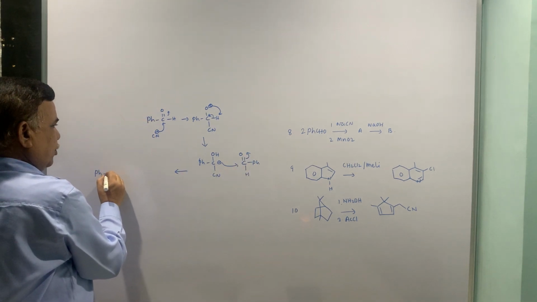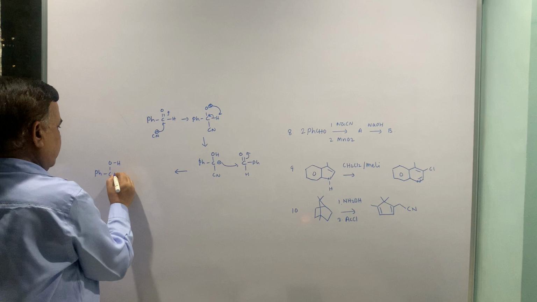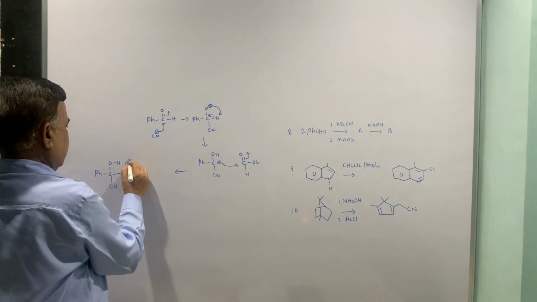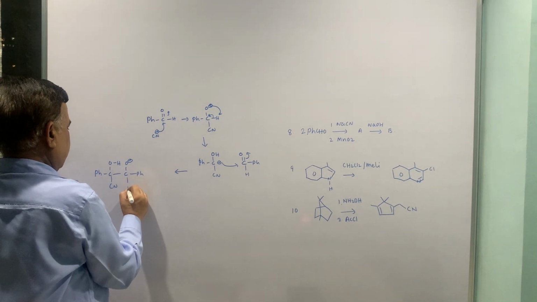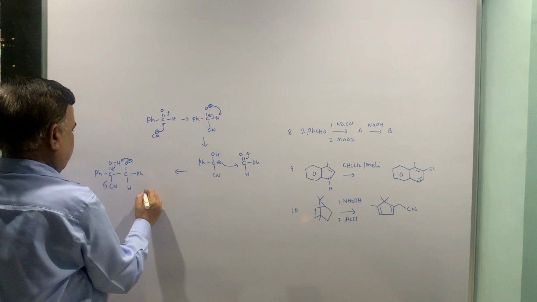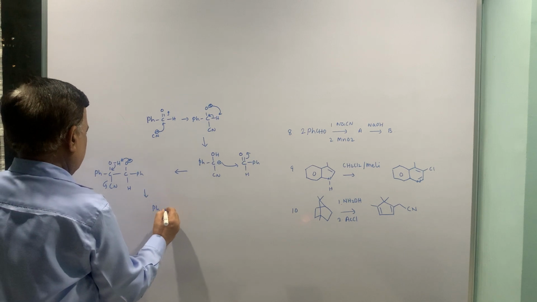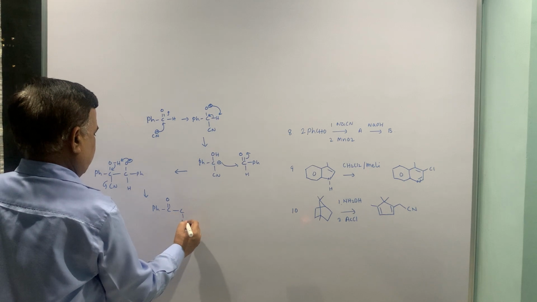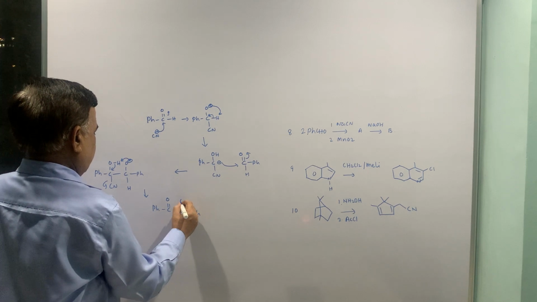So it will be PhCHOH CN, CO minus, PhH. It comes here, this comes here, this goes off. So eventually you will get COCH PhOH.